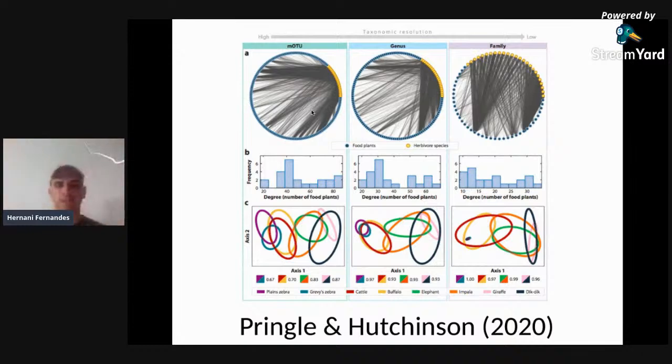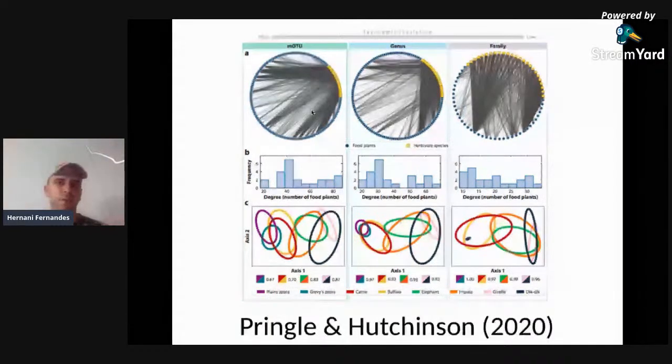Just to make sure that you understand this part as well, it's important to frame that the resolution of the network is also important in order to understand the structure of the interactions.